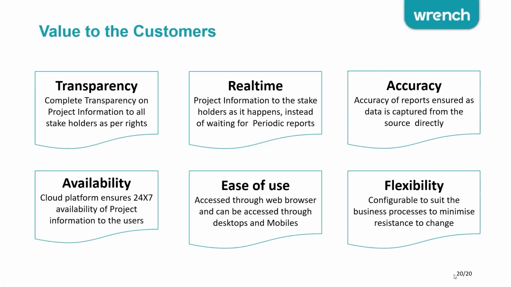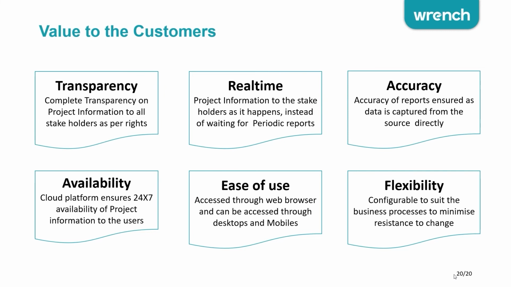So the benefit to a client of using this digital PMO is you have absolute transparency in the status of the project. You have real-time information which can be absolutely accurate because all information is pre-loaded. So when an activity gets completed, you get to know the actuals. And being a cloud and SaaS based application, you have 24/7, 365 days availability, accessible on your mobile or on any browser that you use. It's extremely easy to use.